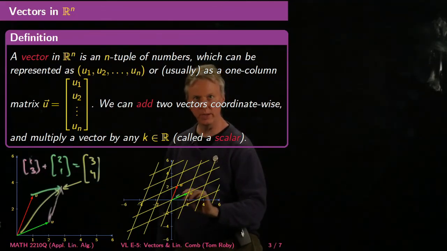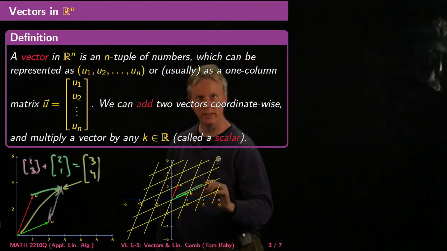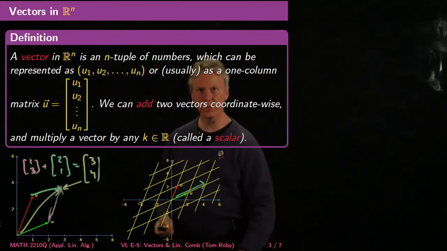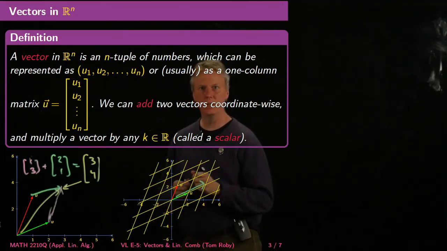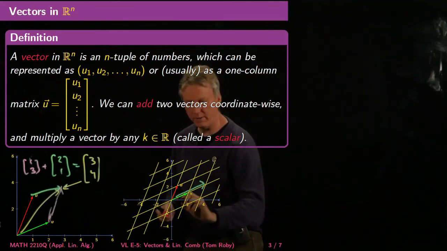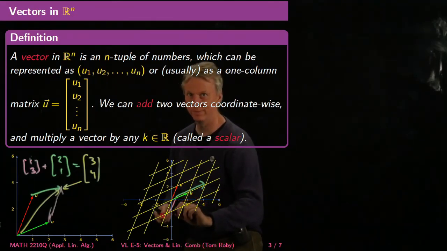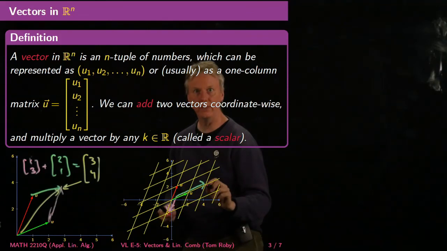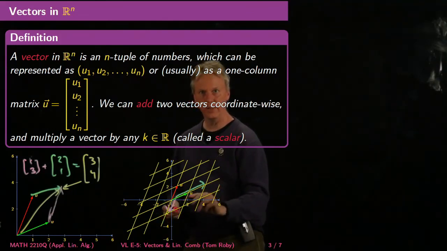So 2 times the green vector would mean take that arrow. And now suppose I wanted to add it to the negative of the red vector. So there's the negative of the red vector, and there's 2 times this.